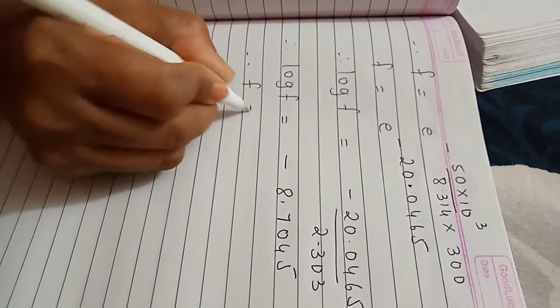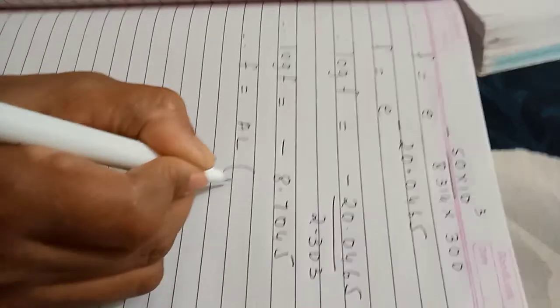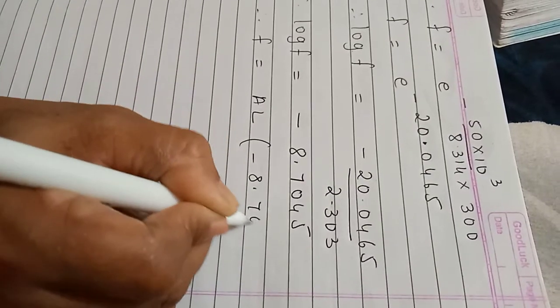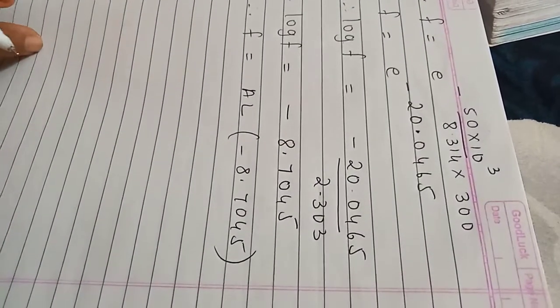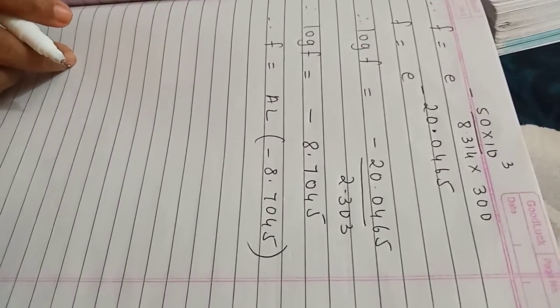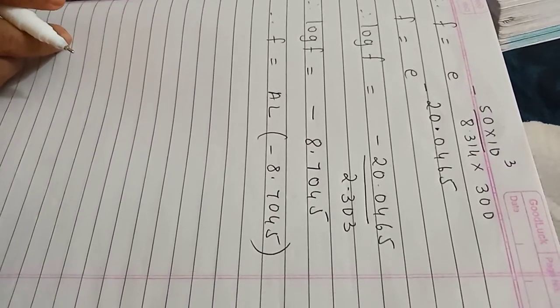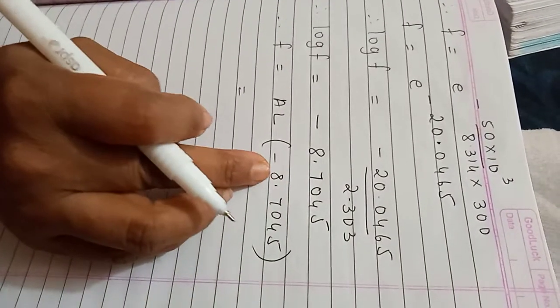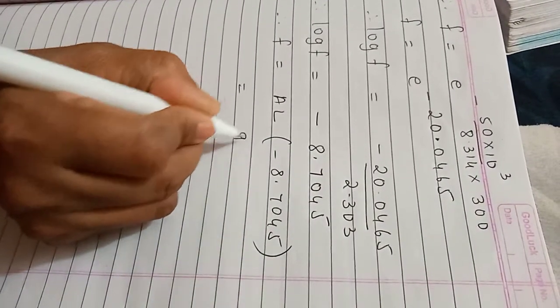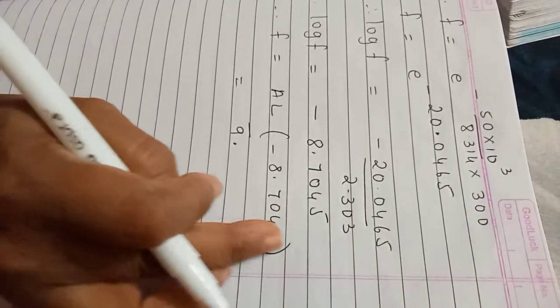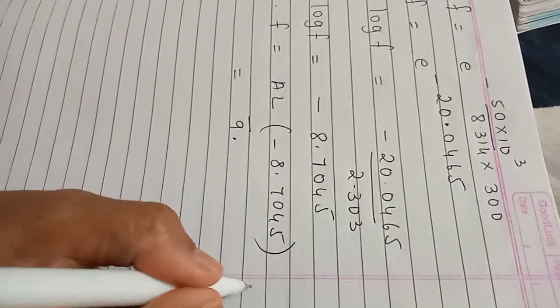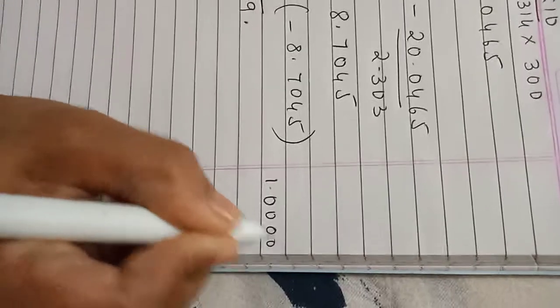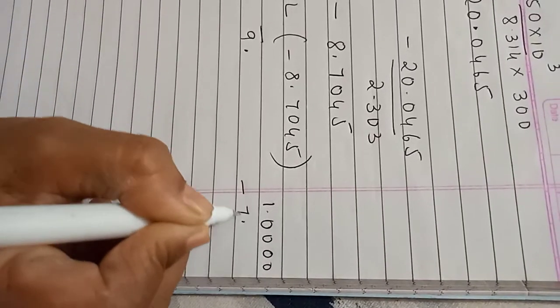Therefore, F is equal to what? Obviously, anti-log of minus 8.7045. Students, you cannot take the anti-log of a negative number because the characteristic is a whole number and that also positive. So what do we do at such a time? Subtract 1 from this. It becomes bar 9. And subtract this value from 1.